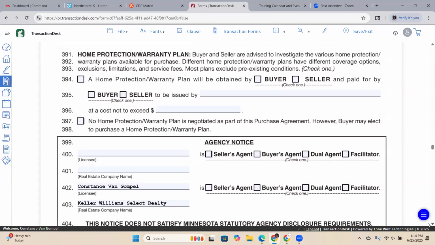A lot of times you just put no down here, and the buyer can decide by close, or they can decide to have a seller pay for it. We have Cinch, America's, I can't think of what the last part of that one is, and a couple other companies out there. Give them pamphlets and let them decide if they want one or not.